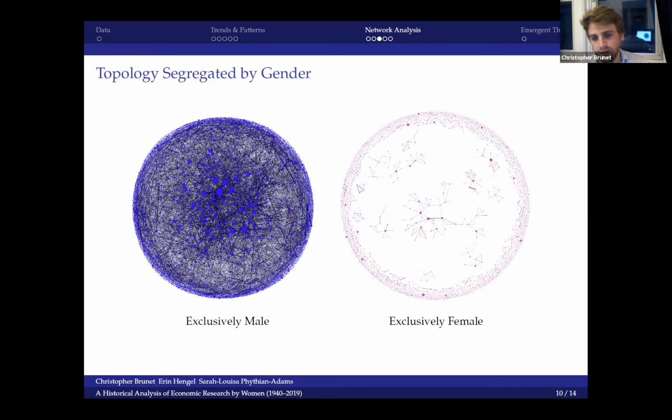It's very sparse, very undeveloped. You can see some little baby networks hovering around in there. And there's one big network here, which I'm going to zoom up on in the next slide. It is actually the largest exclusively female sub-network of co-authors in the existence of our data set.